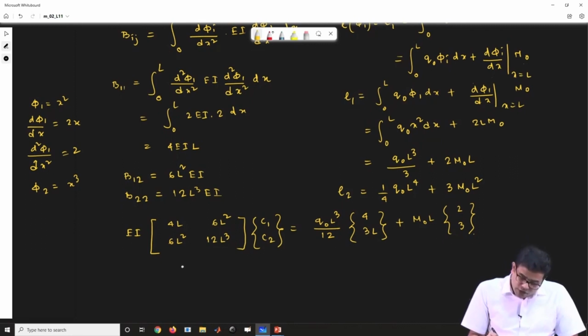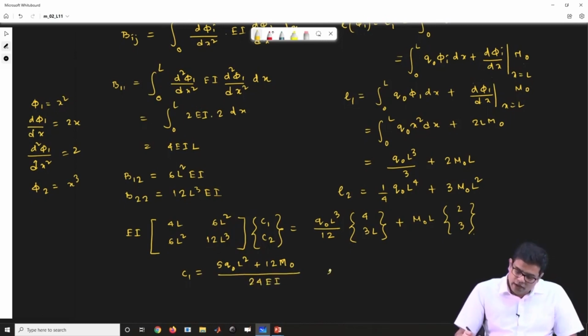If I solve for C1 and C2, then C1 seems to be 5Q0 L square plus 12 M0 divided by 24 EI, and then C2 is essentially minus Q0 L by 12 EI.